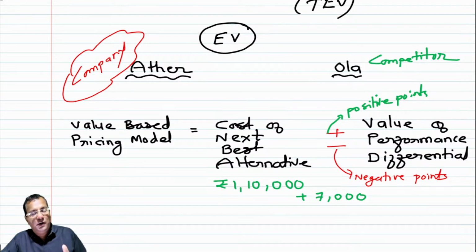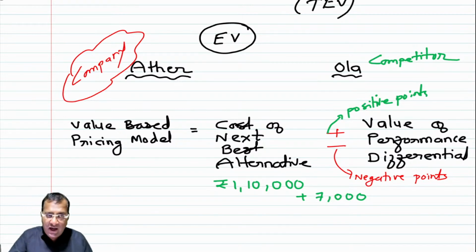My battery life is approximately 1 lakh kilometer. The battery I am using in my vehicle is 1 lakh kilometer, while the battery used by Ola has a life of 80,000 kilometer.